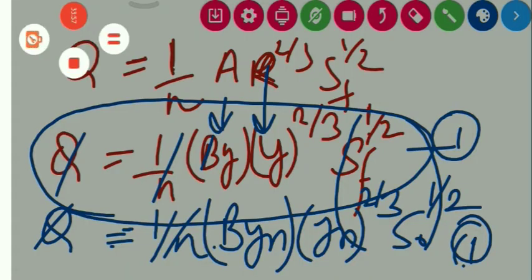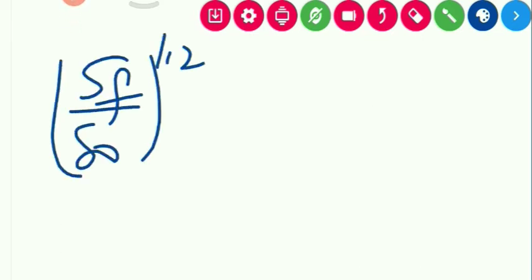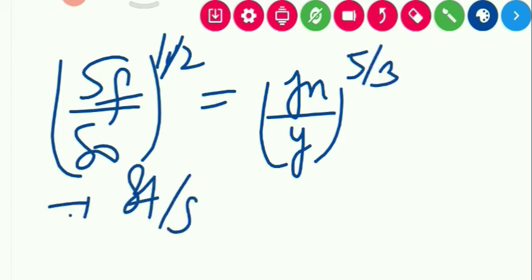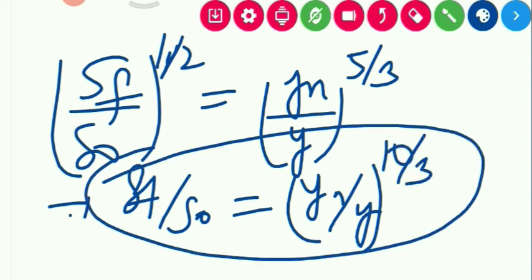Let's write over here: sf by s naught to the power 1 by 2 is equal to yn by y to the power 5 by 3, which means sf by s naught will be equal to yn by y to the power 10 by 3. This is the relation for rectangular channel.